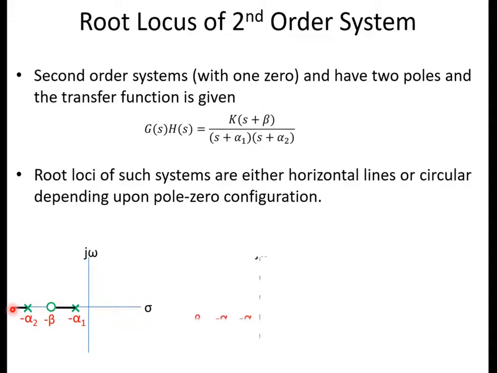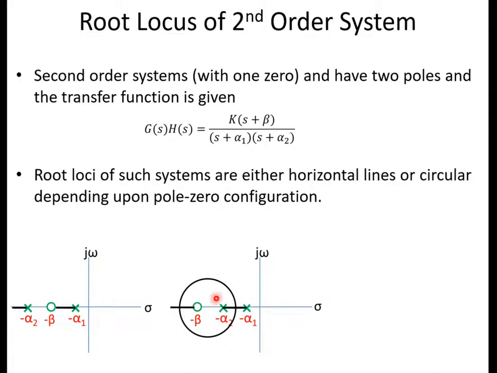Okay. And if beta is the maximum, like the zero value is greater than alpha 1 and alpha 2, the root locus will be a circle. So both the root loci start here, and at this point it will break away, and break in at this point will happen.